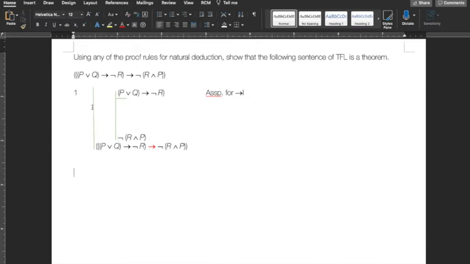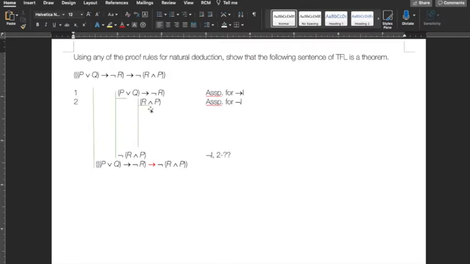Now we need to figure out what comes after this first assumption to allow us to prove that consequent. Since the consequent we're trying to prove is a negated sentence, that suggests that a good strategy might be to try negation introduction. So we have to write the negation of that sentence and try to prove a contradiction.